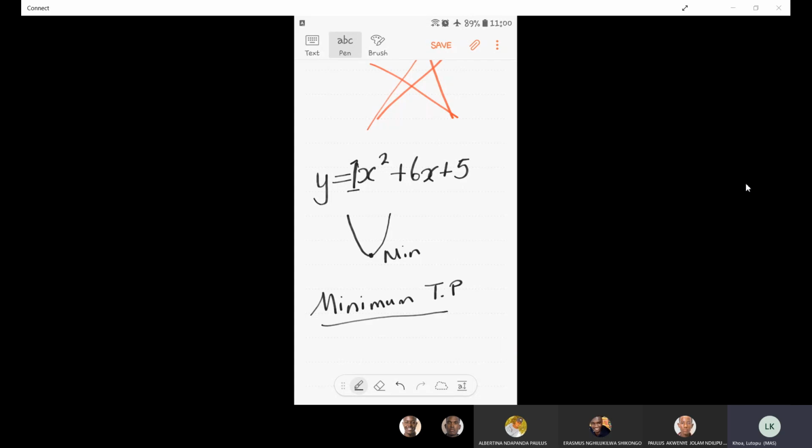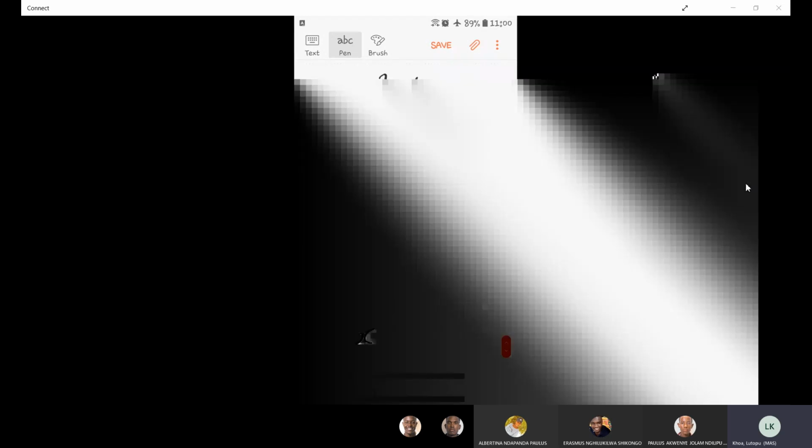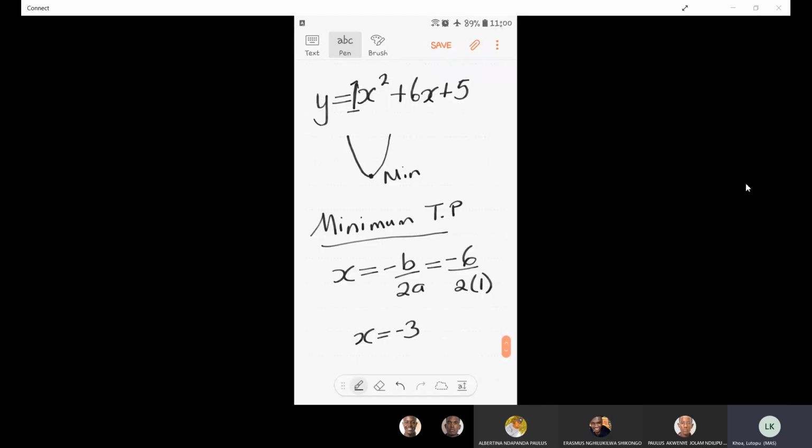Now at the minimum turning point, we have x is equal to minus b over 2a. And here, this is minus 6 over 2 times a, which is 1. So we get x is equal to negative 3.